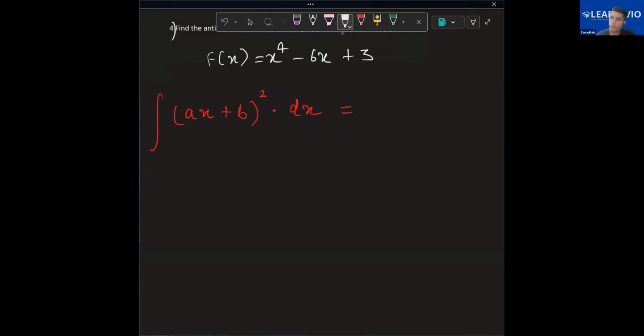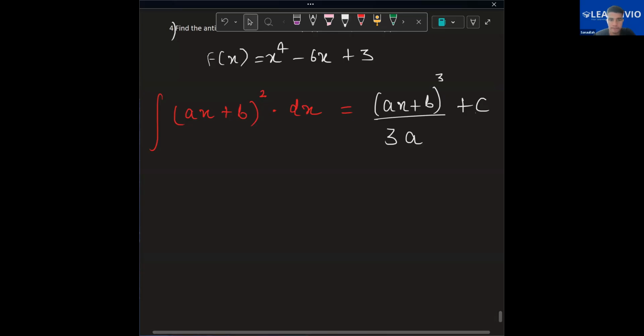It is (ax plus b) the whole cube divided by 3a, plus c. Same answer.